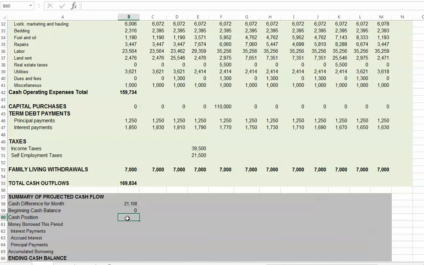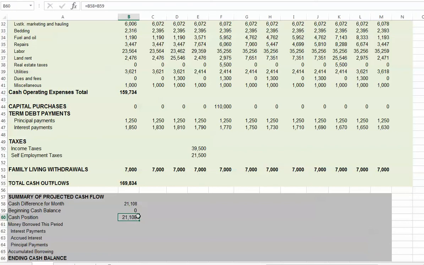Cash position is simply defined as the cash difference for the month plus the beginning cash balance. Okay? Now, this cash position at the end of the month is simply the beginning cash balance at the next month.